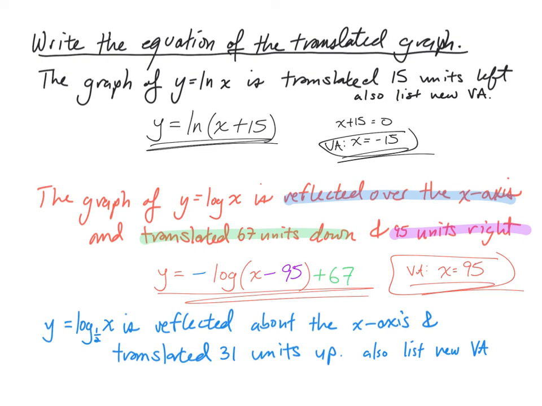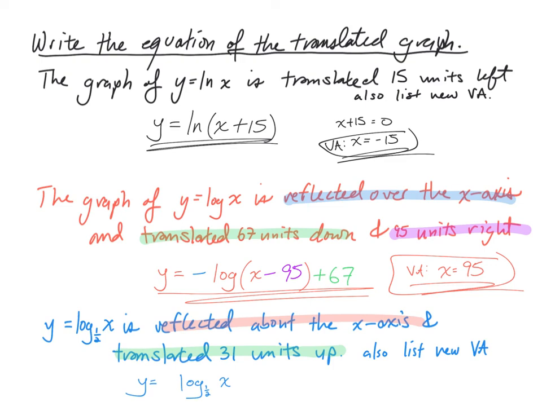For the last one here, it's pretty straightforward. We'll have y equals log base 1/2 of x. And we have two transformations here. I see reflected about the x-axis and translated 31 units up. So up is not a horizontal movement.